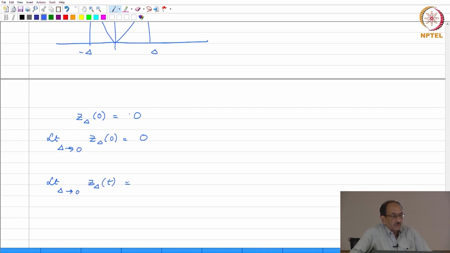What can you say about z delta of t in the limit for t not equal to 0? In the limit as delta tends to 0, what can you say about the limit for all values of t that is not 0?